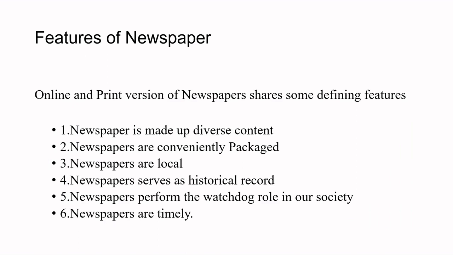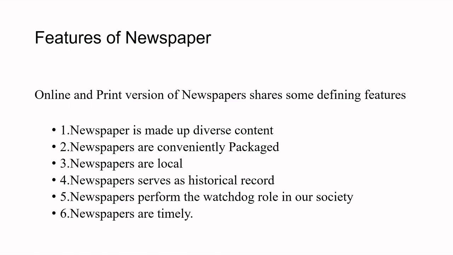What are the features of a newspaper, whether online or print version? Newspapers have the same features. As you are seeing, a newspaper is made up of diverse content, and it is conveniently packaged, and it always focuses on both local and main issues. Newspapers always serve as a historical record.